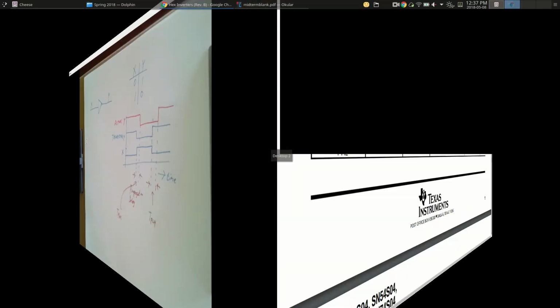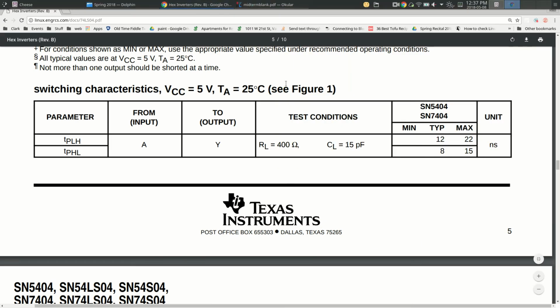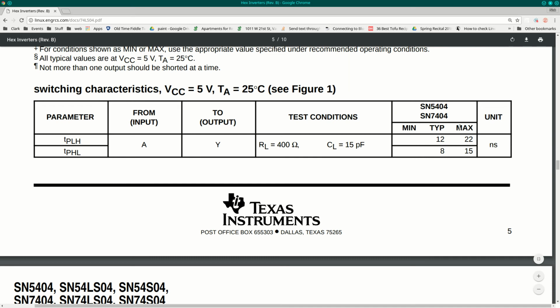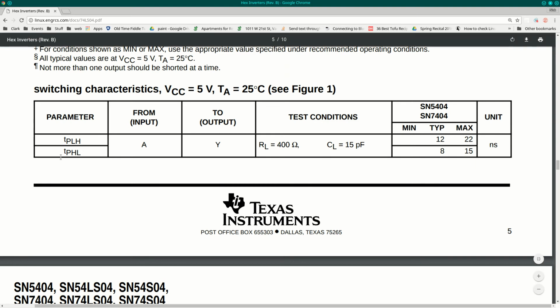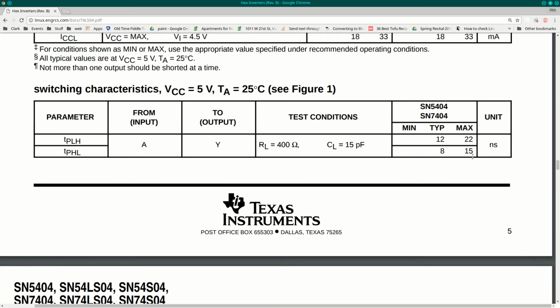And on our data sheet, it tells us what those are. Typically, the low to high transition takes 12 nanoseconds, but it could be as bad as 22. So TPLH is 12 to 22 nanoseconds. And the high to low transition, TPHL, is typically 8, but no worse than 15.